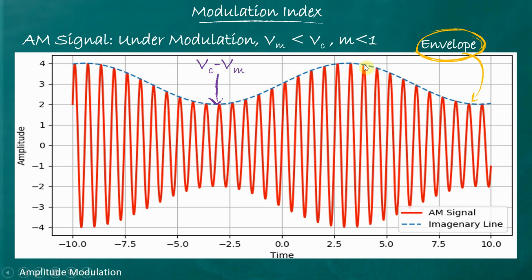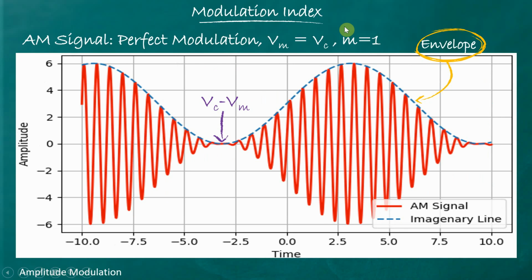Let us quickly see in zoom-in view. For m less than 1, this is the envelope. The shape of the envelope shows you the actual shape of the modulating signal being transmitted. Then for the m equal to 1 case, again an ideal situation, if we have a perfect demodulator it can retrieve the original information signal.